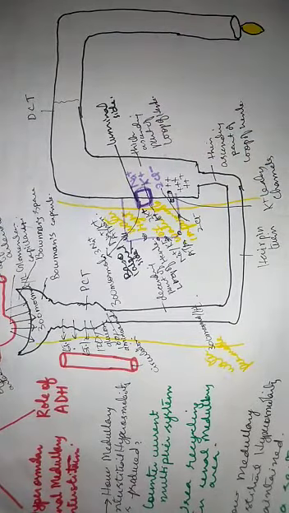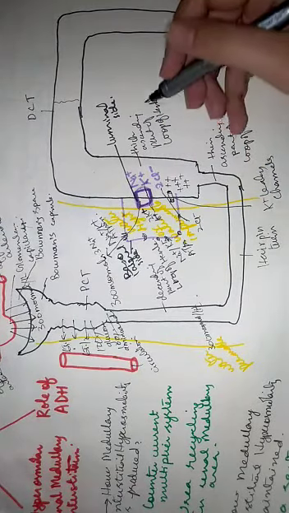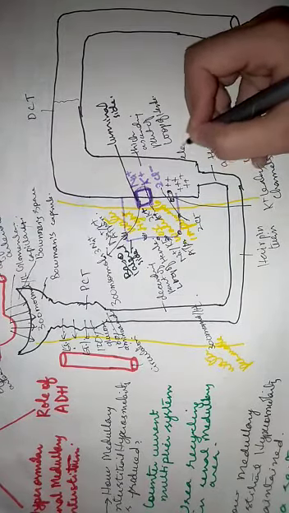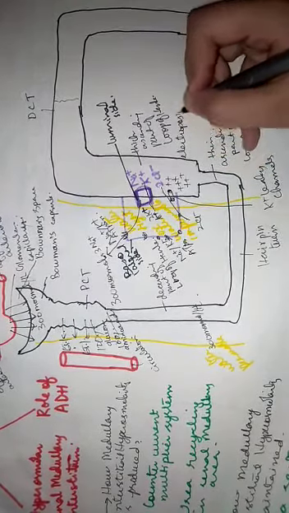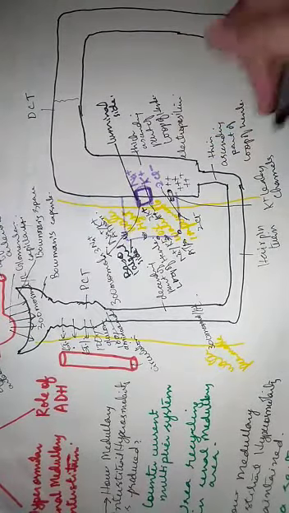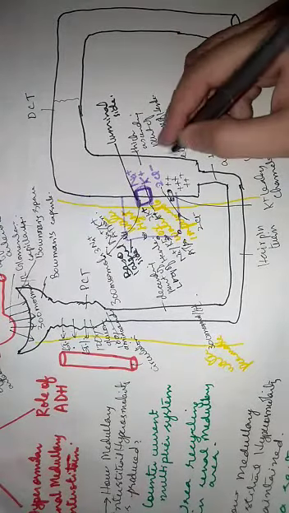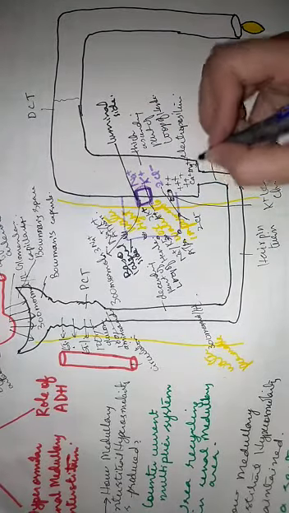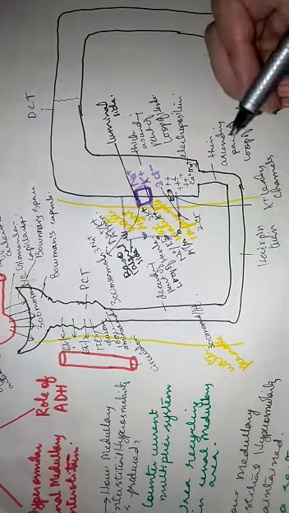Now this part of the thick ascending part becomes highly electropositive. Here there are also present certain calcium and magnesium ions which also have to escape out.